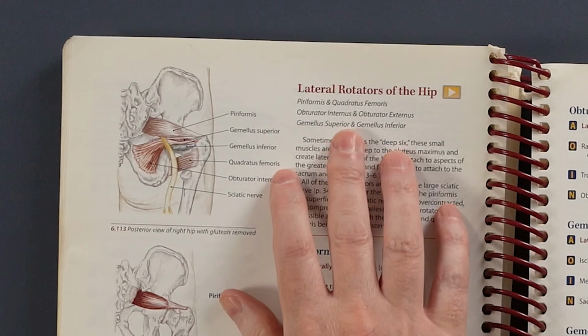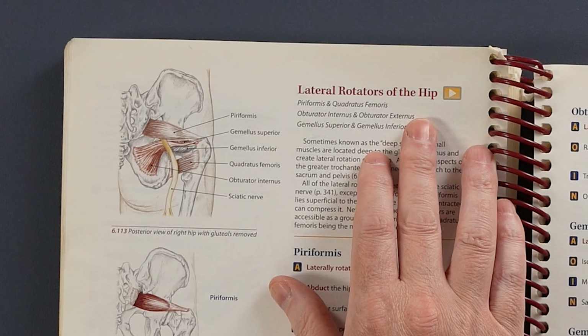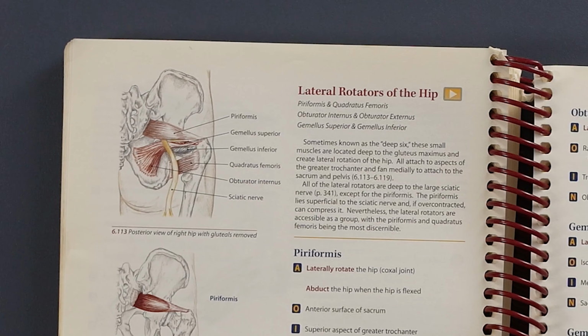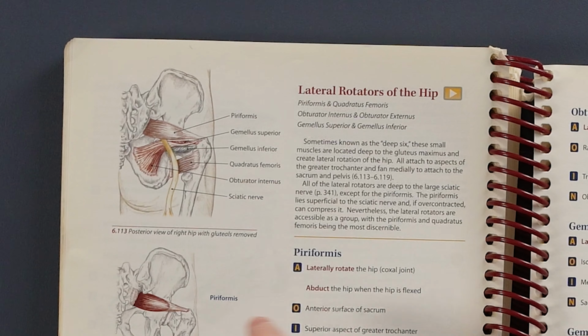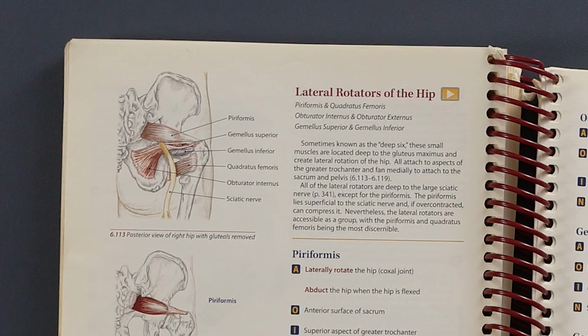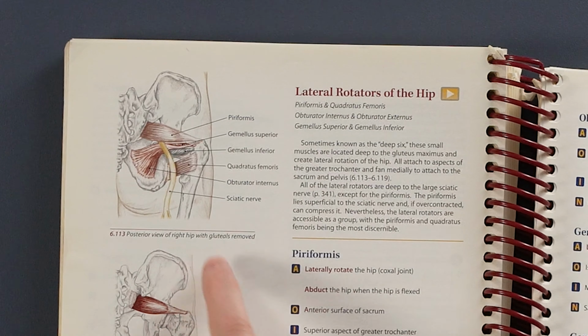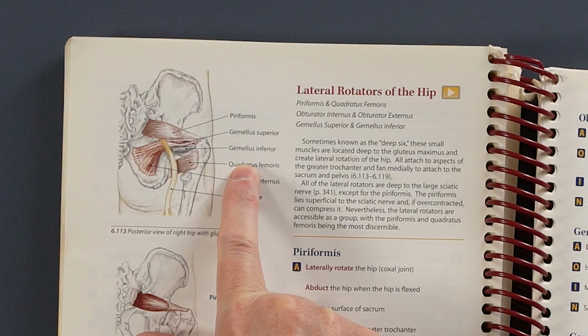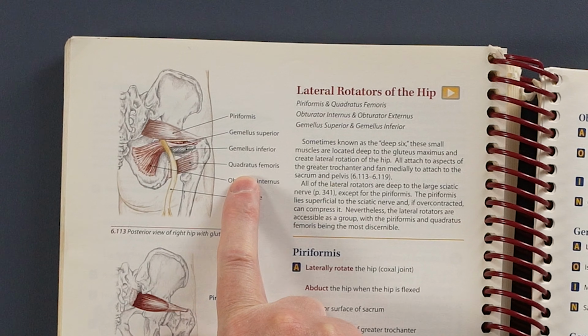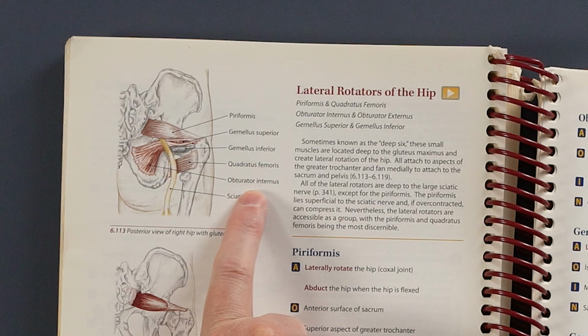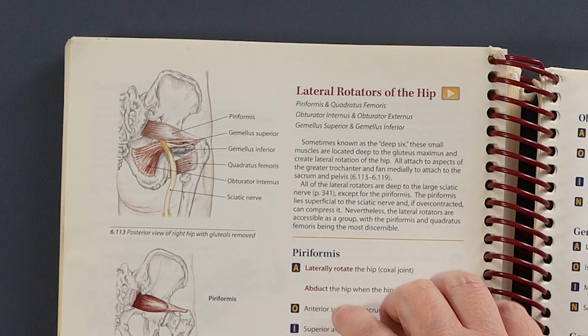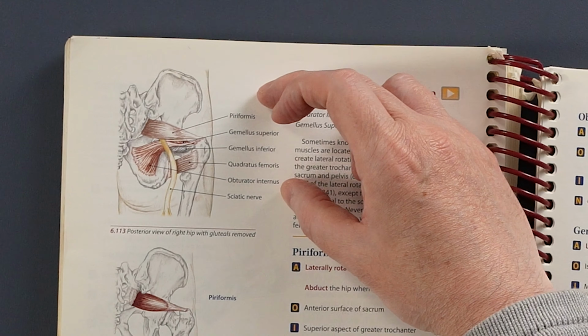Okay. So here we have the lateral rotators of the hip. What does that mean? Lateral means to the side. Rotation means obviously what it sounds like, and the hip is your hip. And so you've got this set of what we would call the deep 6 rotators, and you'll see a few of them right here. So there's piriformis, gemellus superior, gemellus inferior, quadratus femoris, obturator internus, right? So those are 5 of the 6.